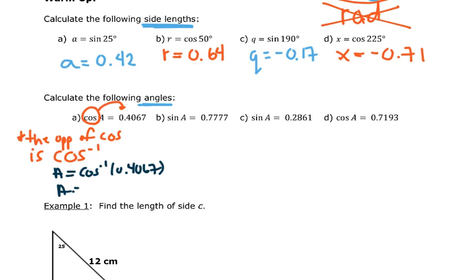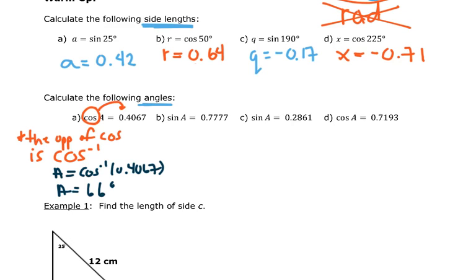And you're going to throw that into the calculator. So to get to cos negative 1 on the calculator, it's usually in yellow. You need to press your yellow button. It could be called shift, it could be called second, it could be called a lot of things. So just get creative, and if you got the right answer, you should get 66 degrees.